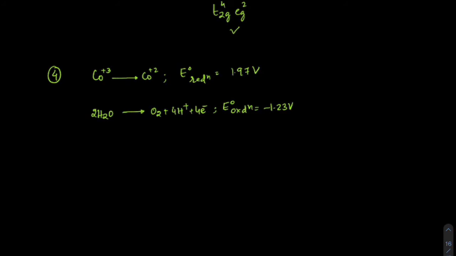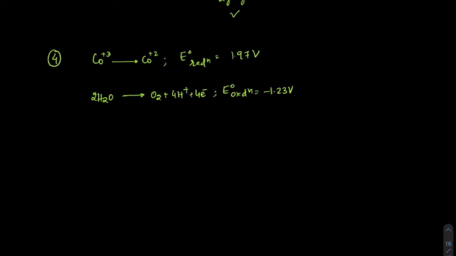Now if you sum them up, what is happening here? E naught net, the addition of these two, will give a positive value, or E naught of the cell. It is a positive value, which means it is spontaneous, right? Correct?